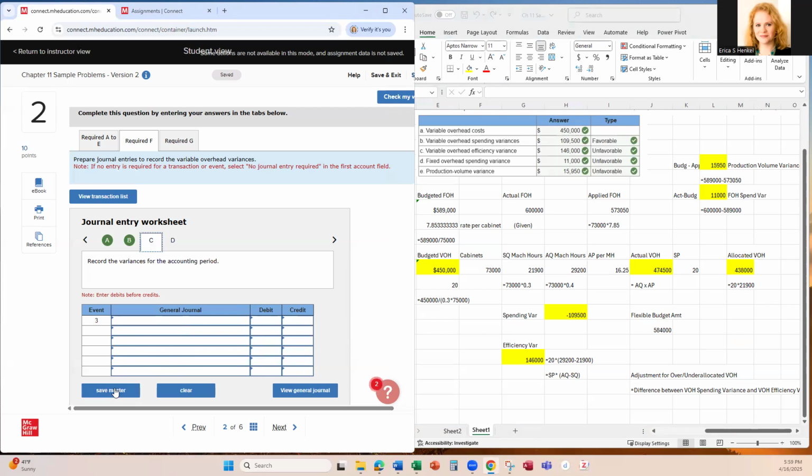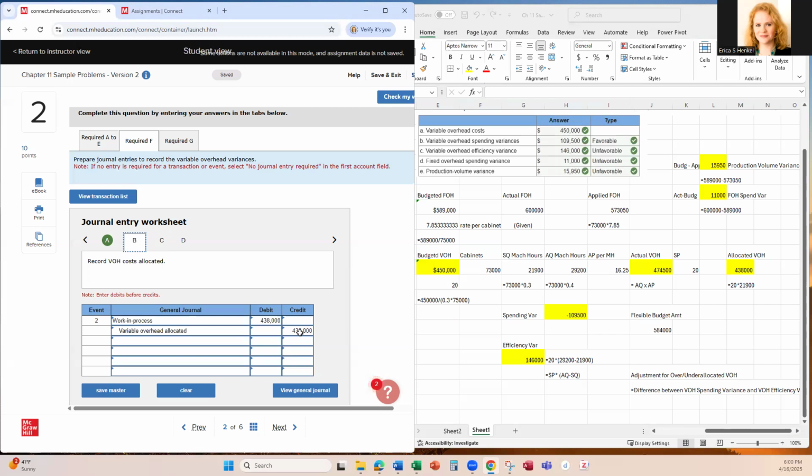All right, now the next entry gets a little more complex because here's where we're going to start to incorporate some variances. So we allocated $438,000 in the previous entry. We credited that to variable overhead. Now, ultimately, we want this allocation account to get zeroed out. It's a transitional account.